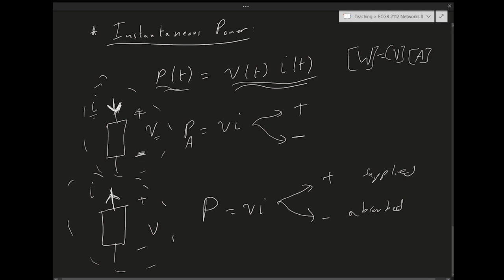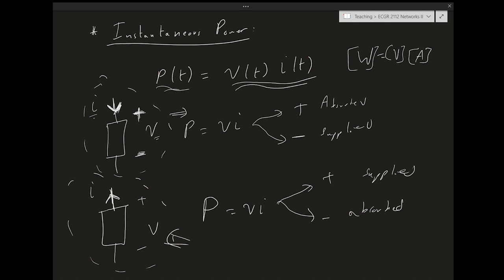So for this convention, let me just write P to simplify: positive means absorbed, negative means supplied. For this sign convention, positive calculated power means supplied, and negative means absorbed. Absorbed and supplied are determined not just by the sign of the power, that's what I'm trying to say, but also by the sign convention on the schematic.